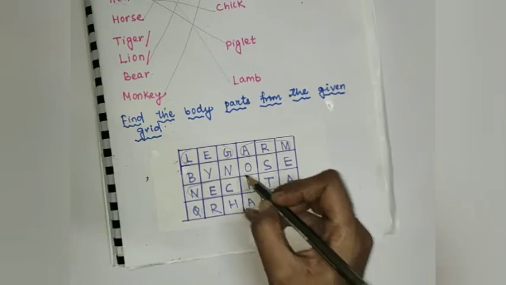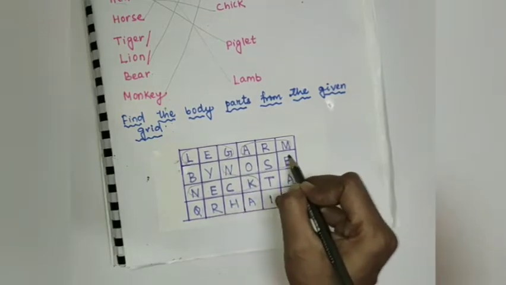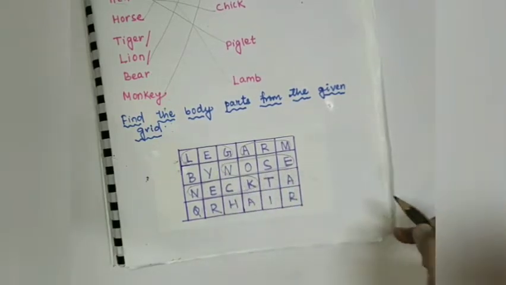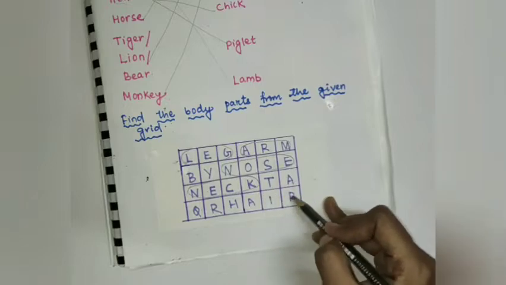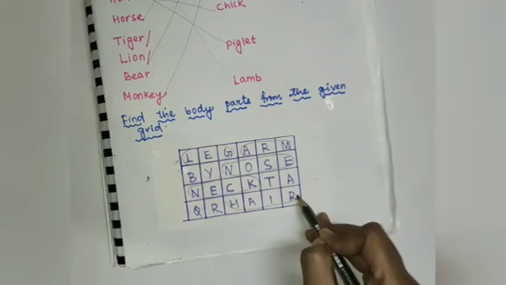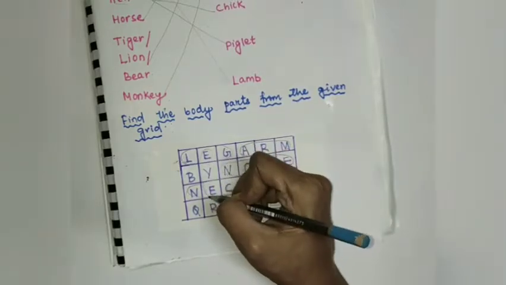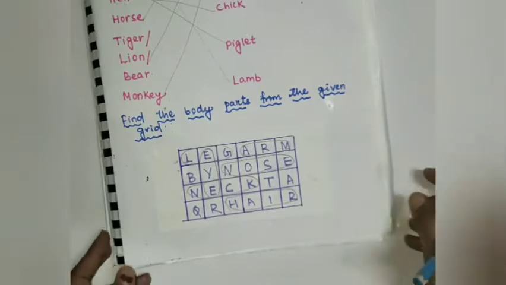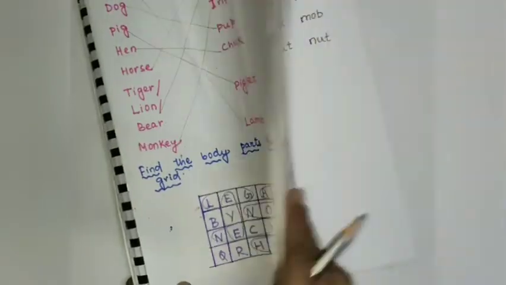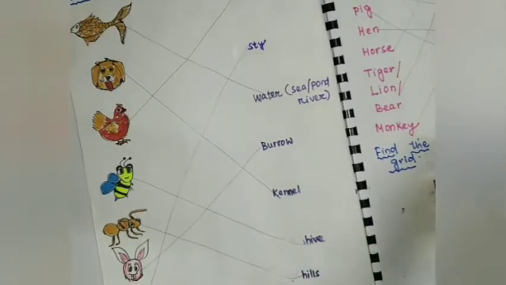Then next we'll search for nose. We can smell with our nose. Then this one is hair, H-A-I-R, hair. Then the next one is eye. We can see things with our eyes. Okay, then come to the next part.